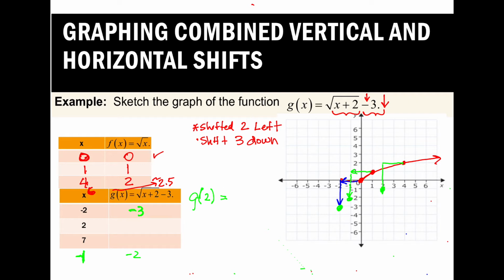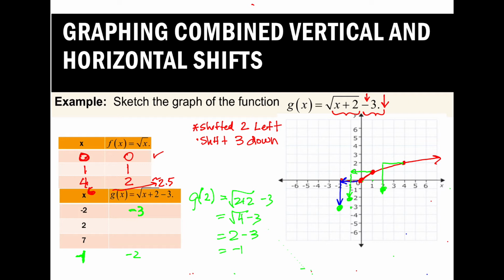I'm just trying to find the same pattern. 0 to 1: if I started out at -2 and moved to the right one, I'm at -1. So -1 becomes my next point to plot. Now I'm going to plot 2: the square root of 2 plus 2, and then minus 3. 2 plus 2 is 4, the square root of 4 is 2, and 2 minus 3 is -1. And that's where this point is.